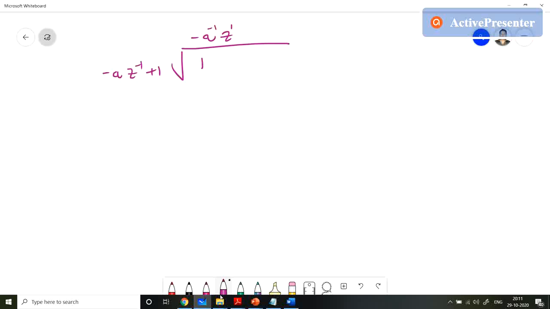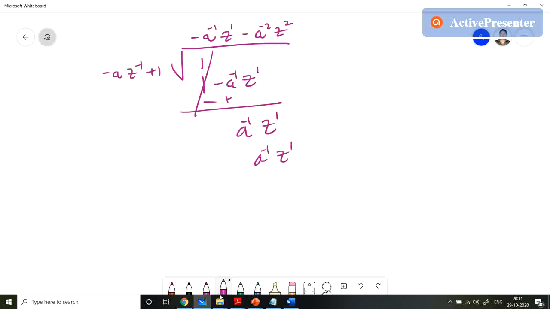When we multiply, we get 1 here, and this is minus a inverse z raised to the power 1, so this will cancel out. So we are getting a minus 1 z raised to the power 1. Then we multiply with minus a raised to the power minus 2 z raised to the power 2, and we get a inverse z and minus a minus 2 z squared.